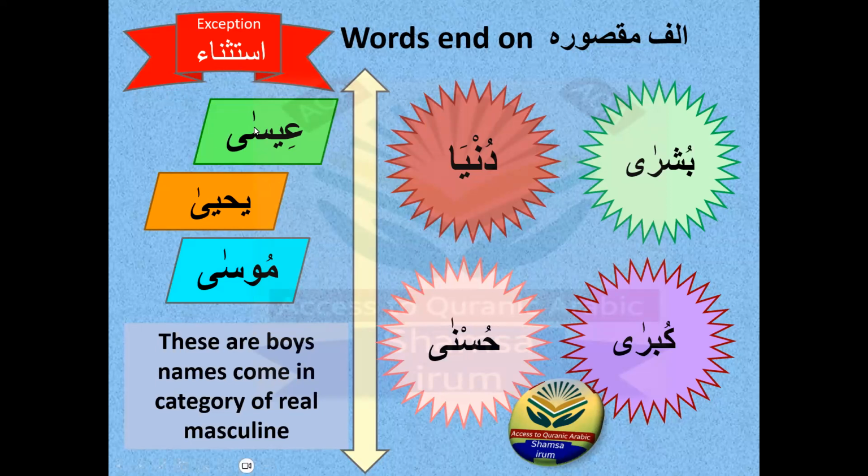Okay, if you see these things, you might say that no, they should be feminine, because we learned that if there is a ya and a standing fatha before it, it comes in the feminine category. No, there are some boys' names that have the same sign in them, but we will say they are masculine, not feminine. And all these names come in the Quran as well. Isa, Musa are used so much in the Quran.